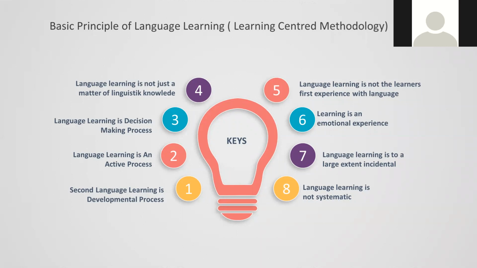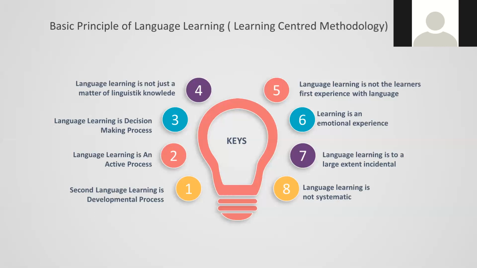And then the sixth point is that learning is an emotional experience, because in learning the language we need to build a positive atmosphere and also build energy so that the emotions that are created are also positive.